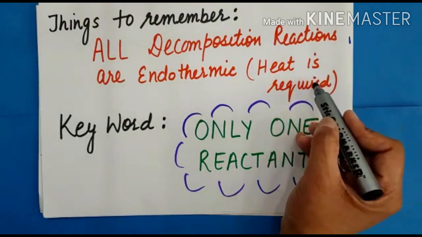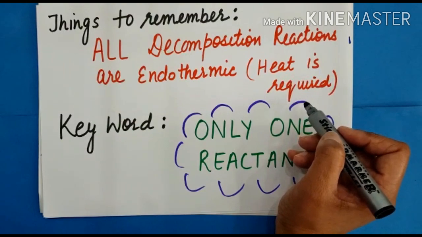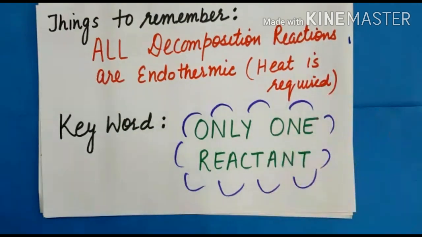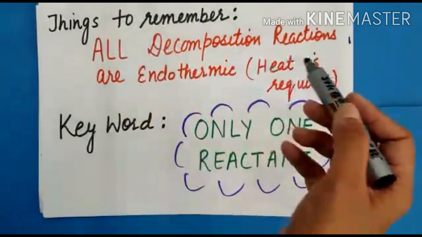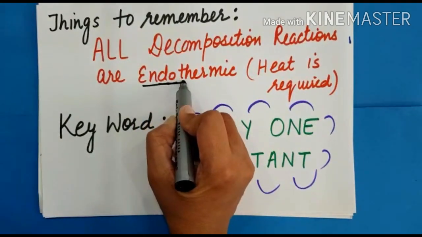So heat is required, and it is provided in three forms: heat, electricity, and the third one is sunlight. So all decomposition reactions come under the category of endothermic reactions.